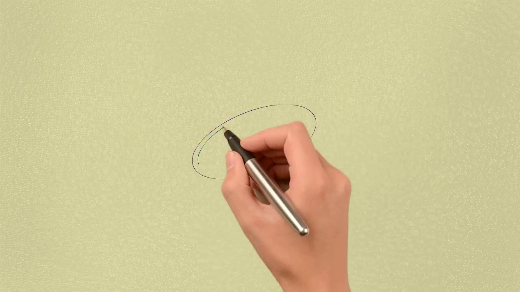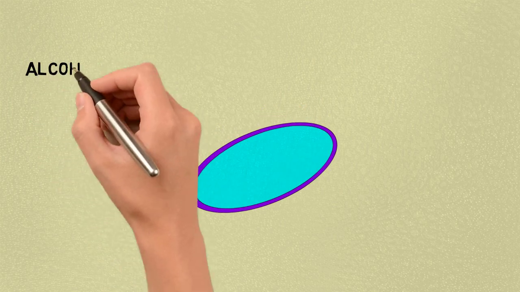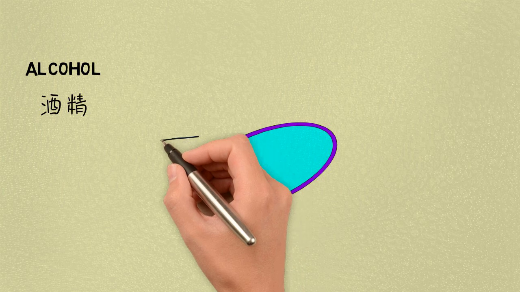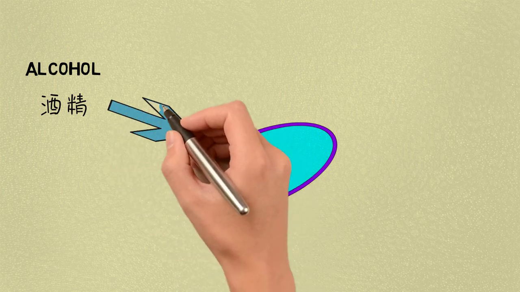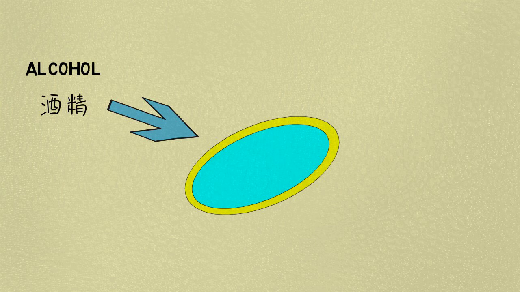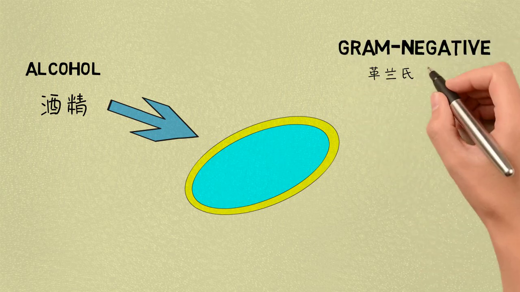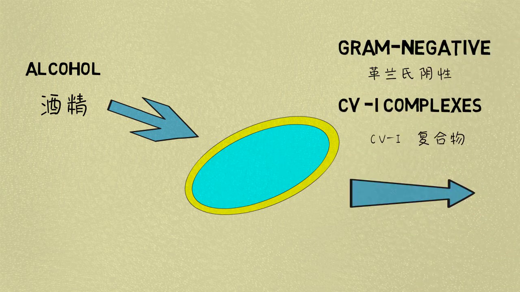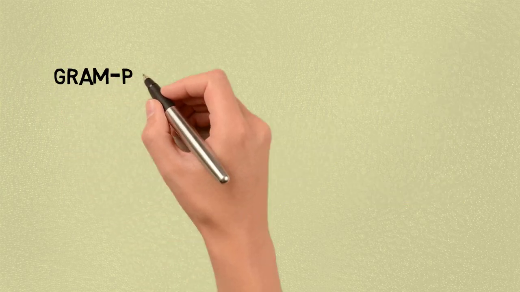When a decolorizer such as alcohol or acetone is added, it interacts with the lipids of the cell membrane. A gram-negative cell loses its outer lipopolysaccharide membrane, and the inner peptidoglycan layer is left exposed. The CV-I complexes are washed from the gram-negative cell along with the outer membrane. In contrast, a gram-positive cell becomes dehydrated from an ethanol treatment.